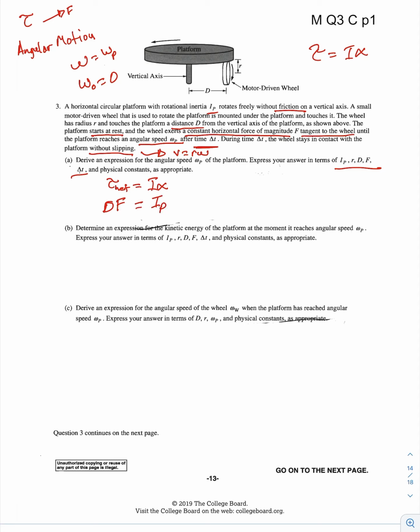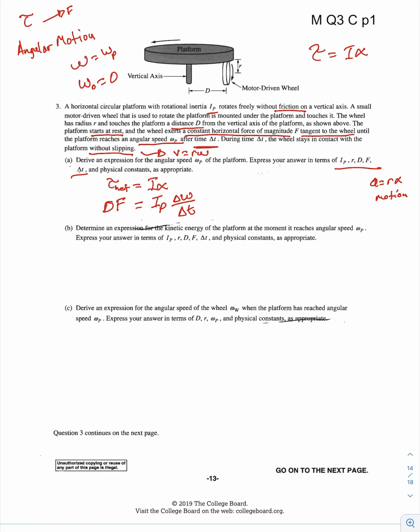And my alpha, which is the angular acceleration, I know that there's only two places that I see angular acceleration. That is a equals R alpha, then all the motion equations. So obviously I'm not going to use a equals R alpha. That doesn't make any sense right here because they told us to write it in terms of delta t. So alpha is equal to delta omega over delta t.